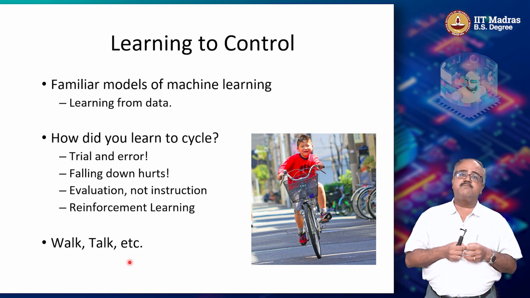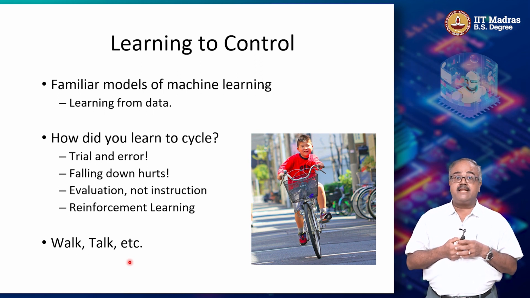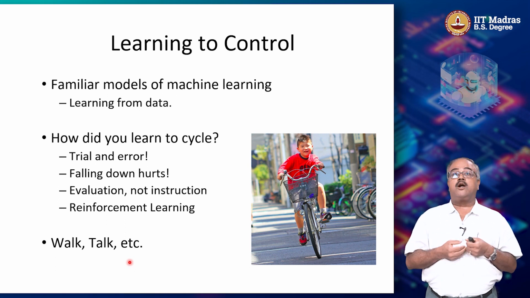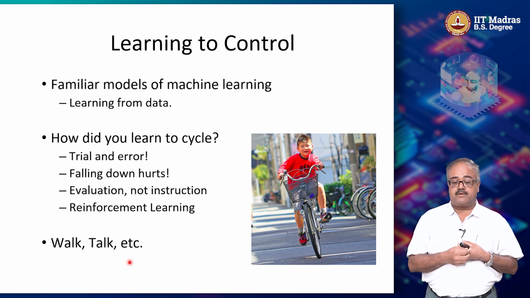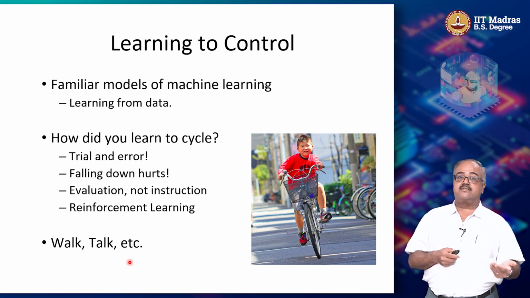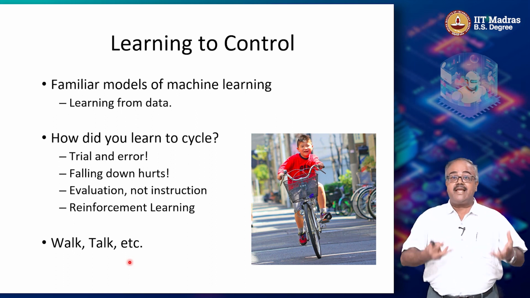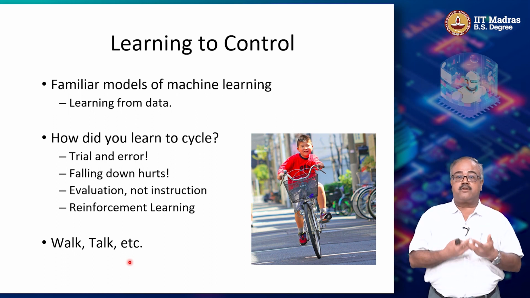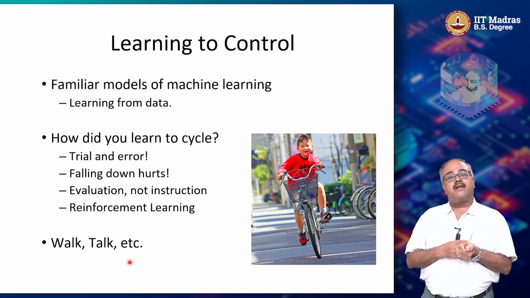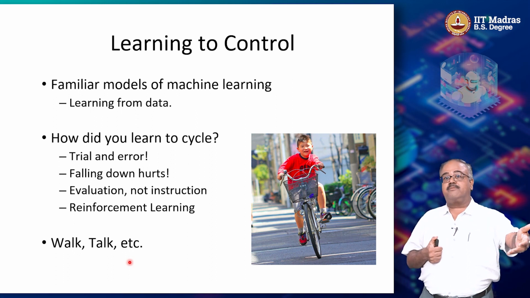What is the crucial difference between the two? In supervised learning, somebody tells you upfront what should be the right output you produce for a given input. So we call this instructions. Somebody is giving you instructions. On the other hand, in reinforcement learning, you try something. You get on the cycle, you try to move, you fall down, you get hurt, or you stay balanced and somebody claps. All of these things happen after you try to do something.